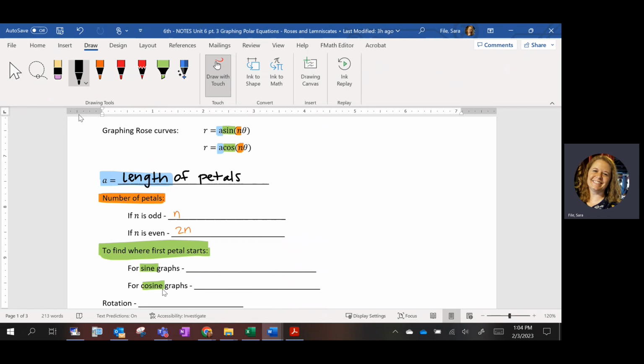If it's a cosine rose curve, the first petal is going to be drawn on the polar axis, or at 0 degrees. Now, if it's a sine one, it's going to be rotated. The first petal is going to happen at 90 divided by n.